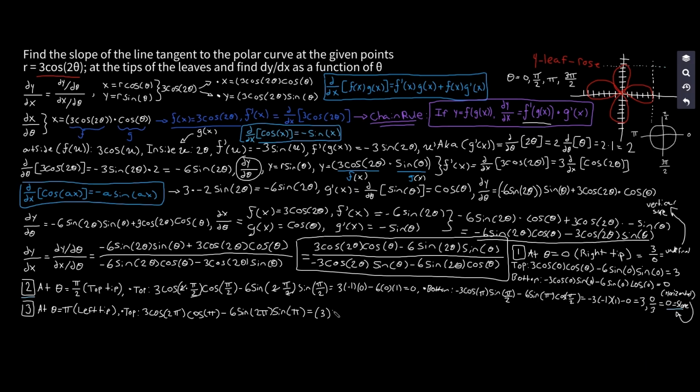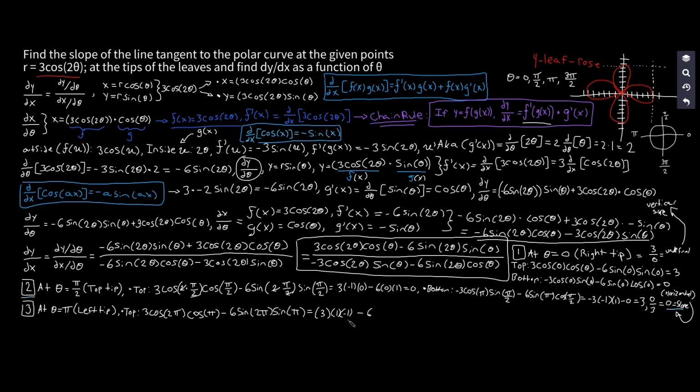Well, cosine of 2 pi is 1. Cosine of pi is -1. Minus 6 times sine of 2 pi. Sine of 2 pi is 0. Sine of pi is 0.